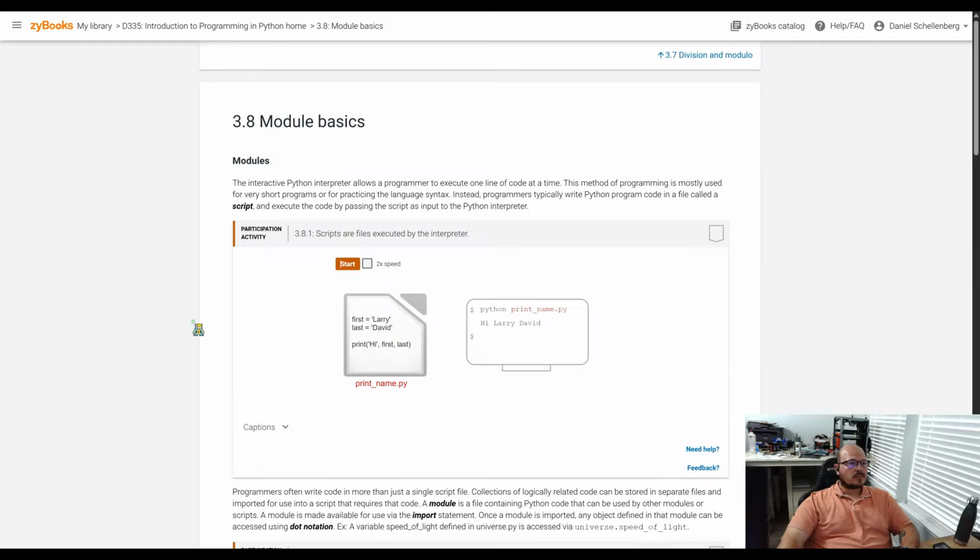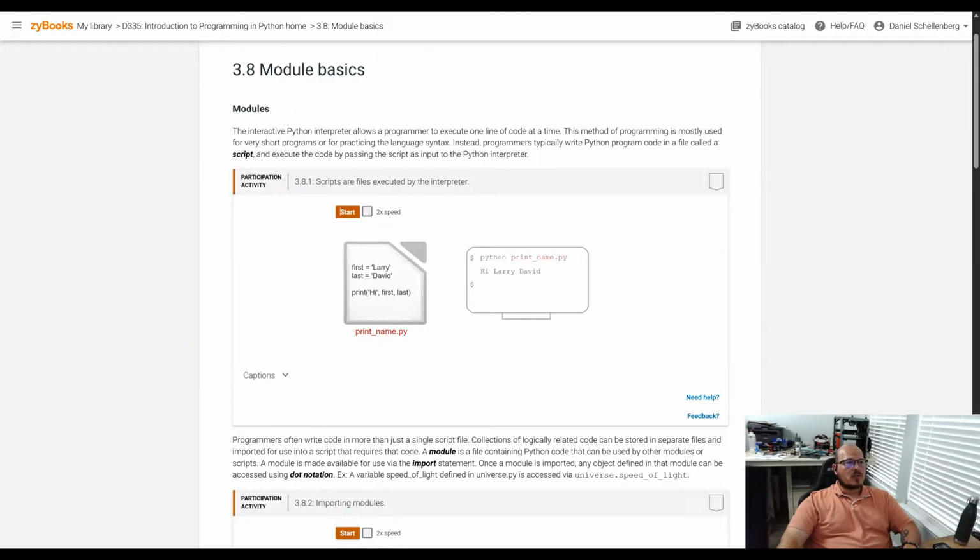All right. So modules. The interactive Python interpreter allows the programmer to execute one line of code at a time. This method of programming is mostly used for very short programs or for practicing the language syntax.